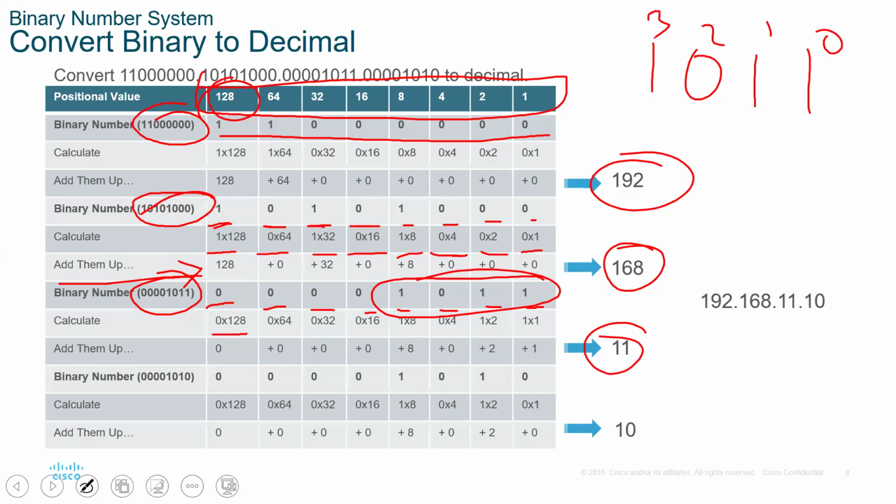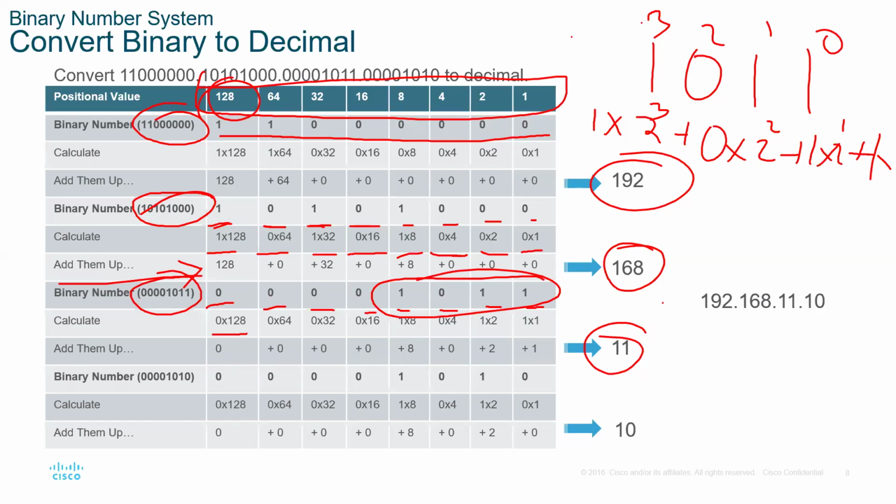This is binary, so it's going to be 1 times 2 raised to the power of 3, plus 0 times 2 raised to the power of 2, plus 1 times 2 raised to the power of 1, plus 1 times 2 raised to the power of 0.